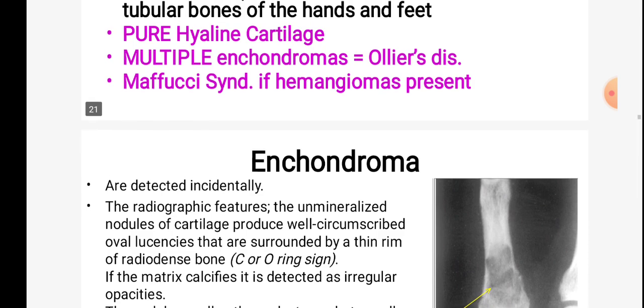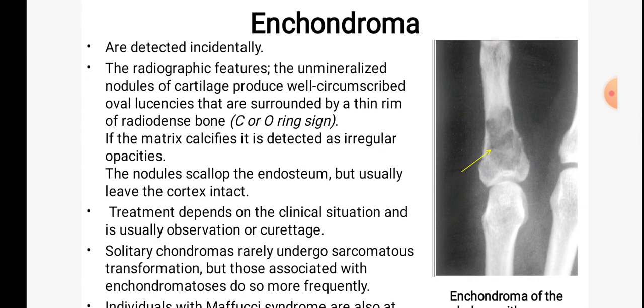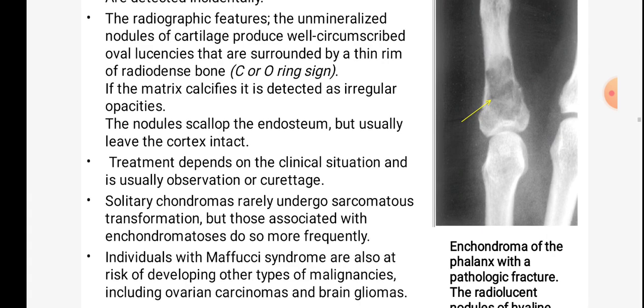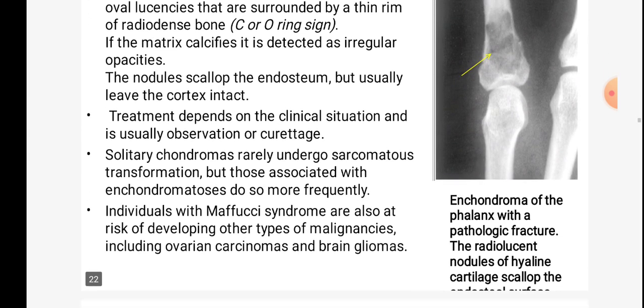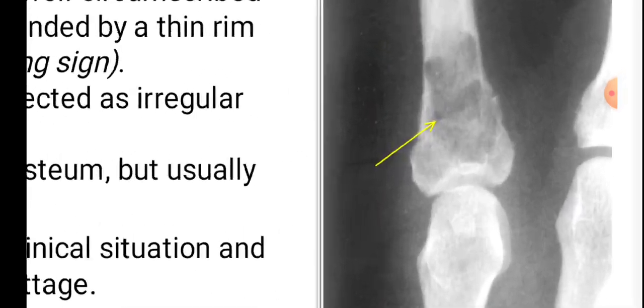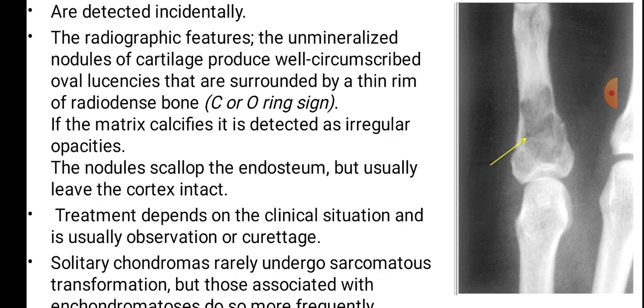These are all your questions: Maffucci syndrome and Ollier disease. Enchondroma is detected incidentally. See this radiograph here of the phalanx with a pathological fracture. The radiological feature is the O-ring sign. What is that?